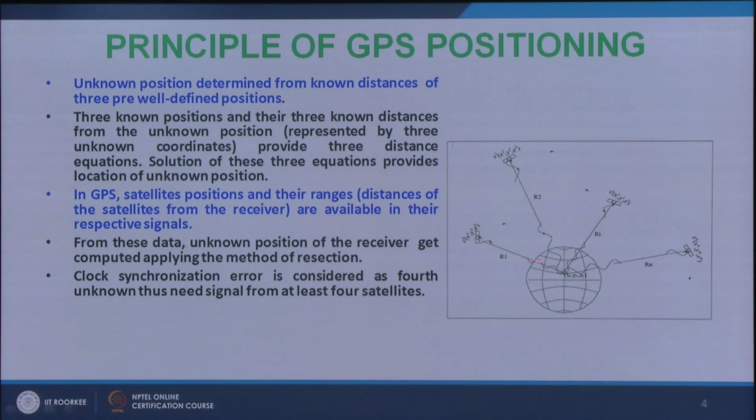So x r, y r, z r is unknown, and the locations of these satellites are known, and these are available in the GPS navigational data or ephemeris data. The range can be computed by finding out the time of travel of the signal from satellite to receiver.